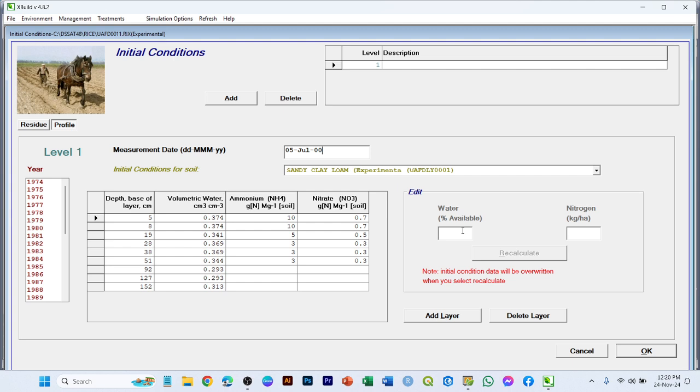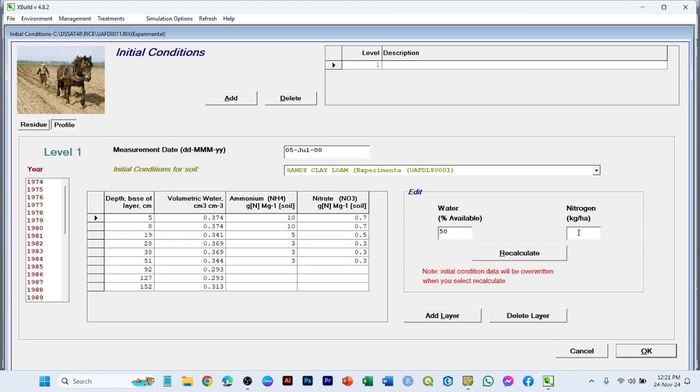So say for example, if we have 20% water availability and 50% nitrogen availability in kg per hectare, then please see here. See the values.